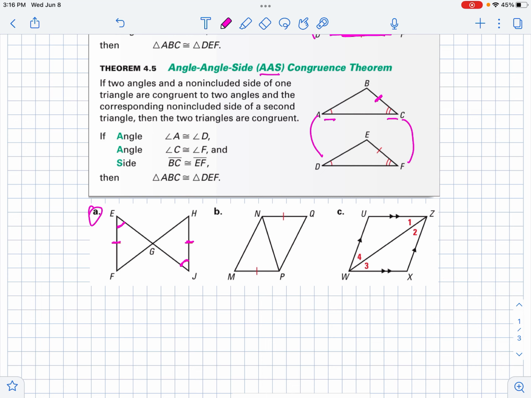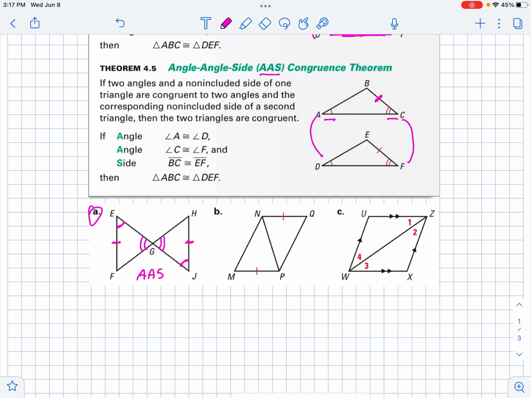Now let's see what else we have. We know that these are vertical angles, so they're congruent. Look at this. Now it looks like we've got angle, angle, side. So by angle, angle, side, we get congruence.